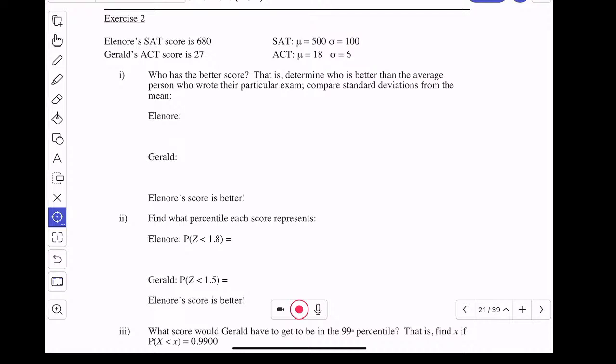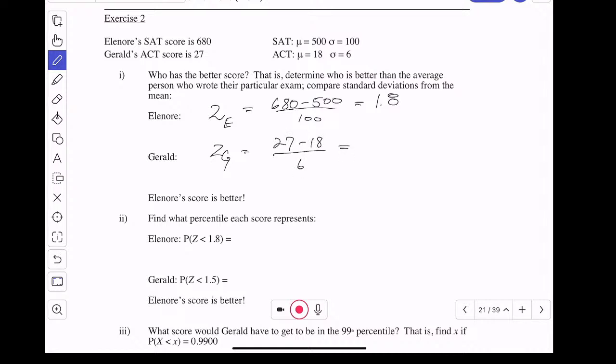So who has the better score? We need to do just what we did before with the heights. Standardize. Standardize for Eleanor is 680 minus 500 divided by 100. So that's 1.8. For Gerald, it's 27 minus 18 divided by 6.